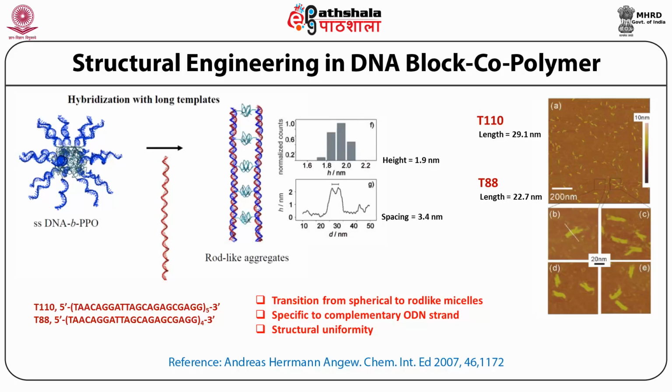What we see is no more spherical aggregates; we rather see rod like micelles. That comes because, using the red strand as template, the blue strand forms complementary hydrogen bonding at 5 different places in T110. It is also expected that T88 forms in 4 places.